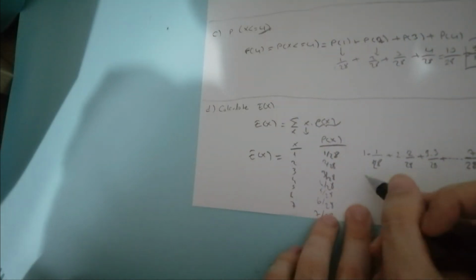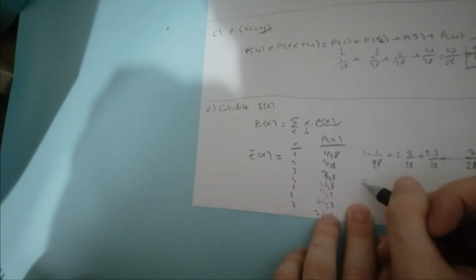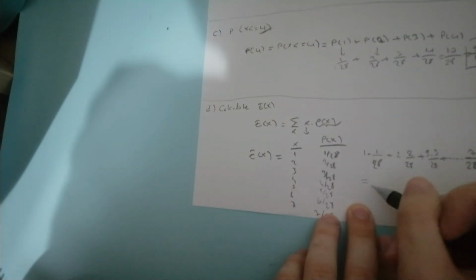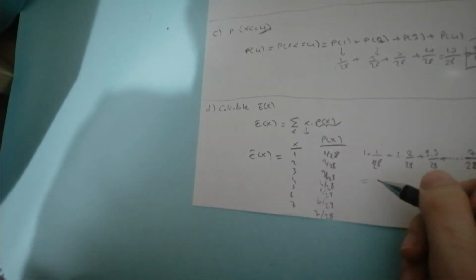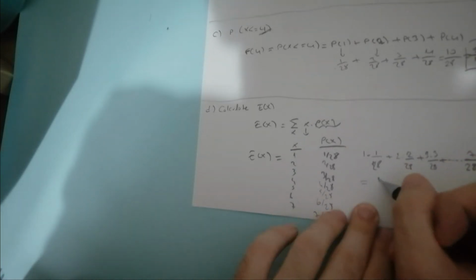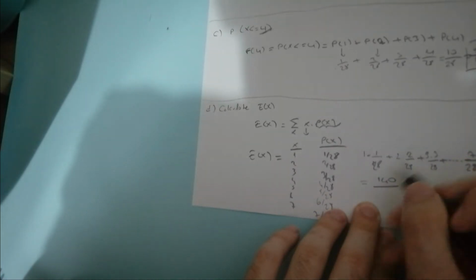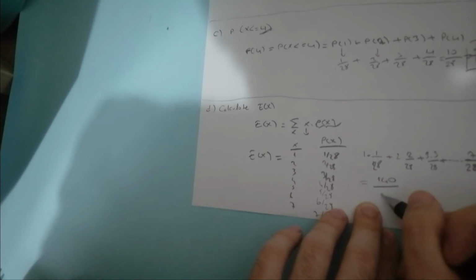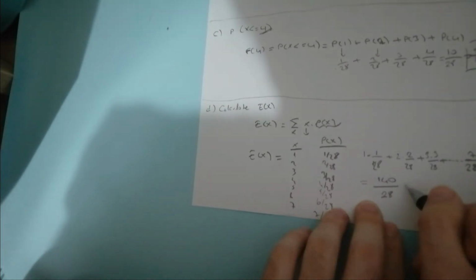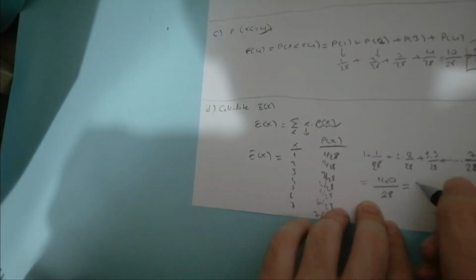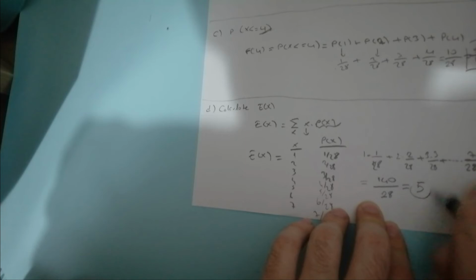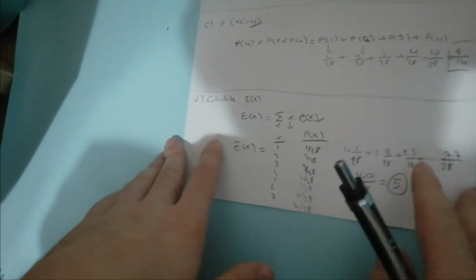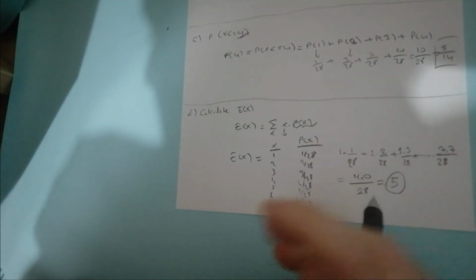And here I calculated this before, so the answer is 140 over 28, which is equal to 5. It is our answer.